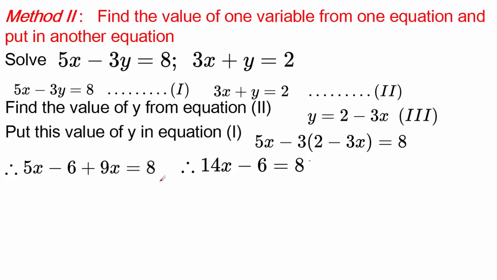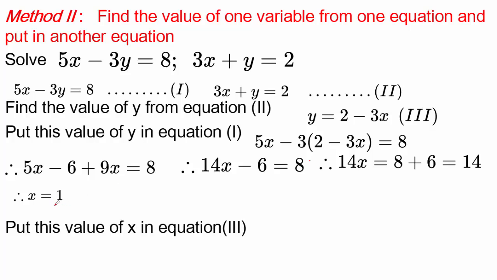Adding the similar terms, we get 5x plus 9x is 14x, and minus 6 equals 8. Transfer minus 6 to the right hand side. 14x equals 8 plus 6 equals 14, and 14x equals 14 gives us x equals 1. We shall substitute this value of x equals 1 in equation 3.